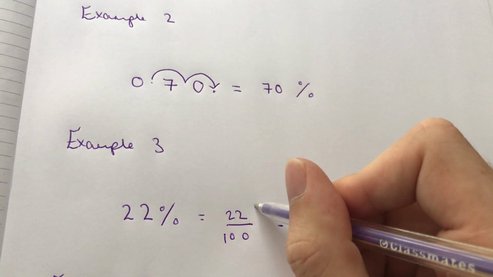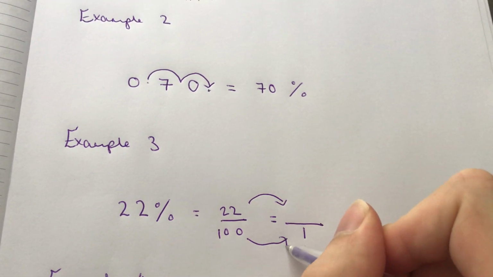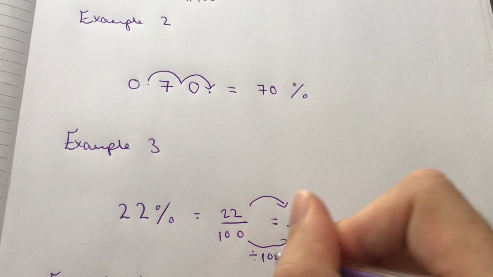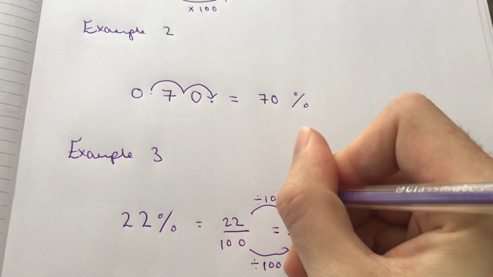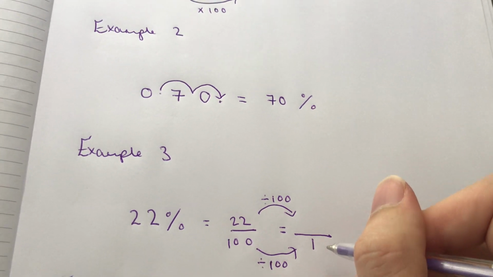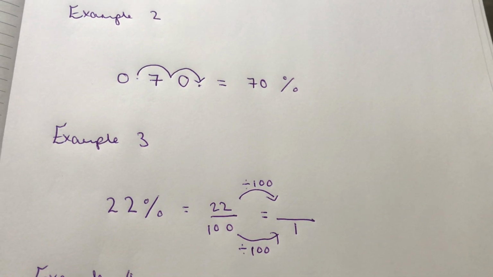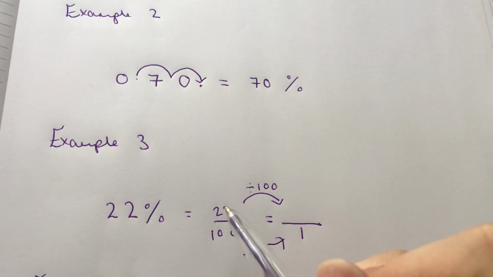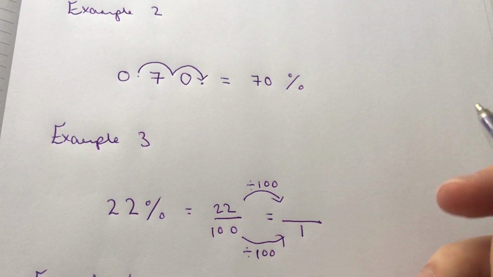So what can we do to get from 100 to 1? Well, we can divide by 100. So 100 divided by 100 is just 1, because any number divided by itself is just 1. So 22 divided by 100.